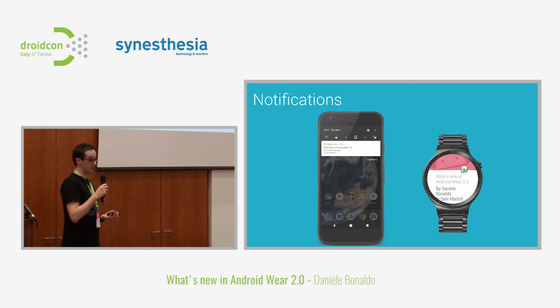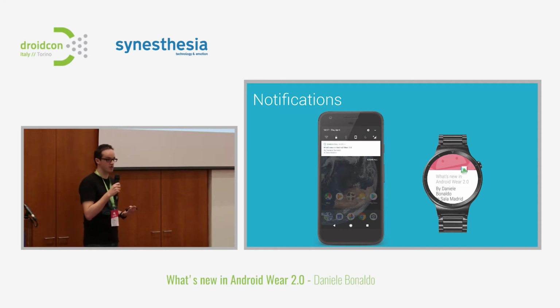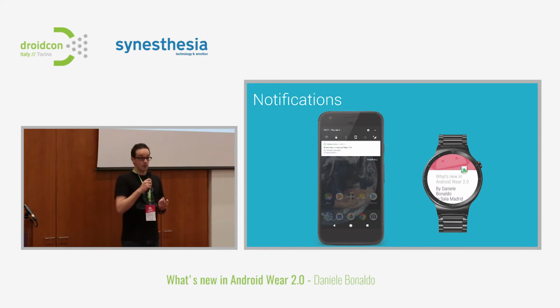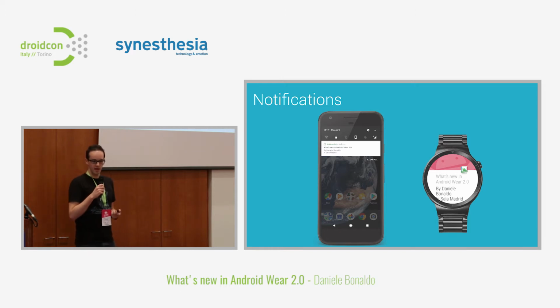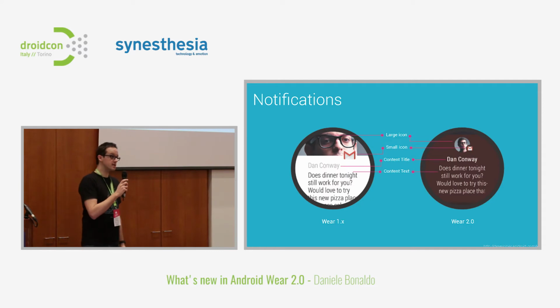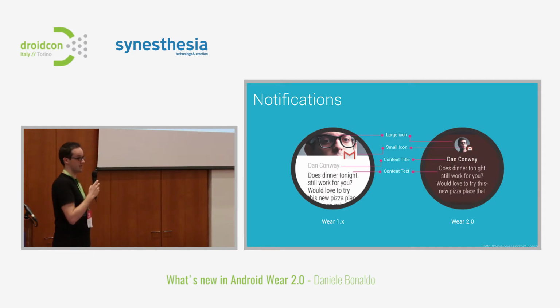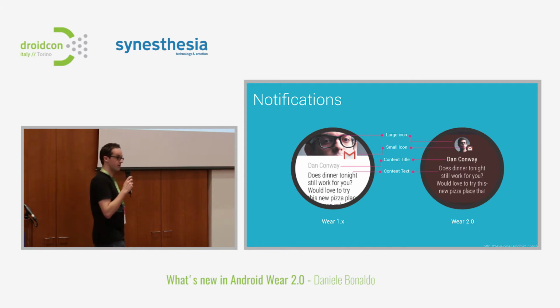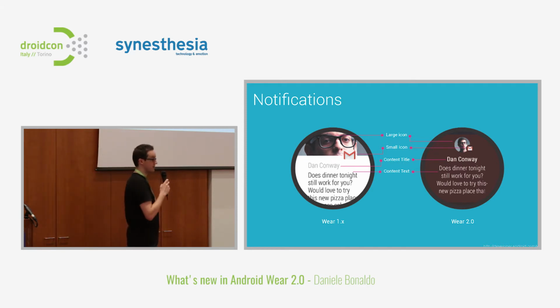You can obviously do some more steps, add some more features to these notifications to make it even more rich for a watch. In Android Wear 2, of course, this still works, because it's a very important thing, but there are some changes in notifications. The first is related to the design. As you can see here, we are comparing the design of Wear 1 and Wear 2 notifications.